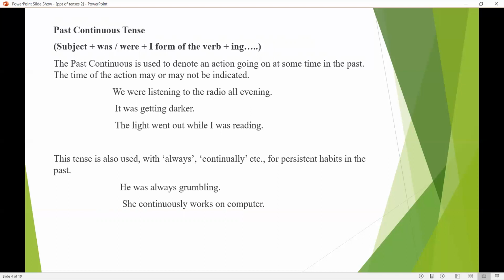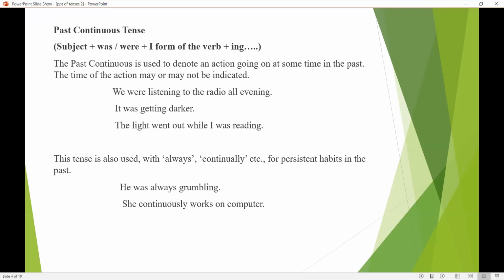The past continuous is used to denote an action going on at some time in the past. The time of the action may or may not be indicated. Example, we were listening to the radio all evening. It was getting darker. The light went out while I was reading.